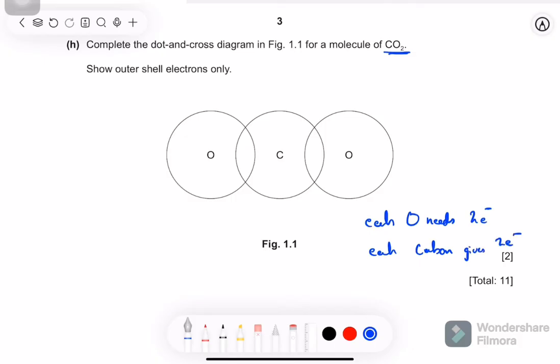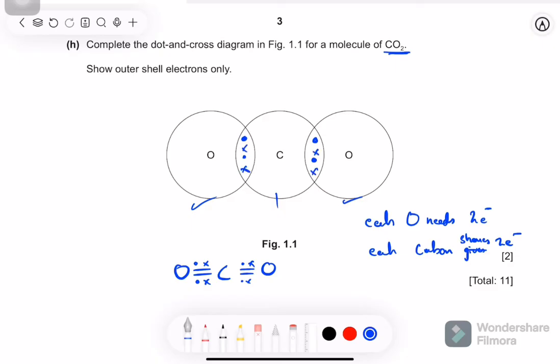In this case, it is better to write shares. It shares 2 electrons. So we have 2 oxygens and 1 carbon. Each carbon shares 2 electrons with each oxygen, and each oxygen makes a double bond with the carbon. Double bond meaning C=O, C=O. 2 electrons like this and 2 electrons like this. Straightforward.